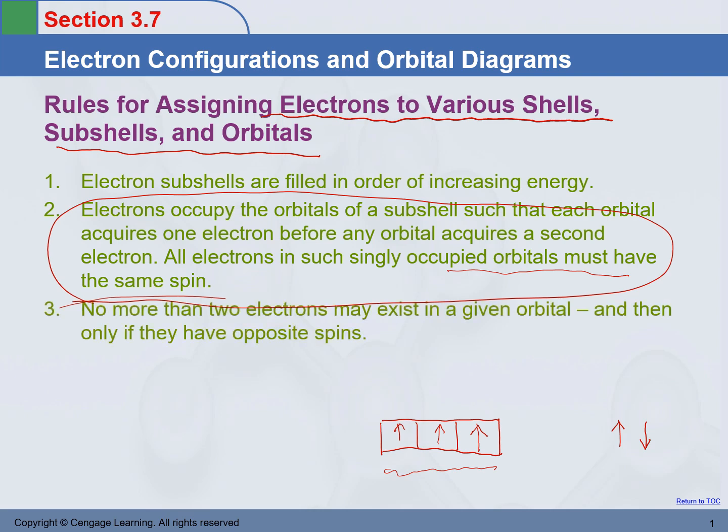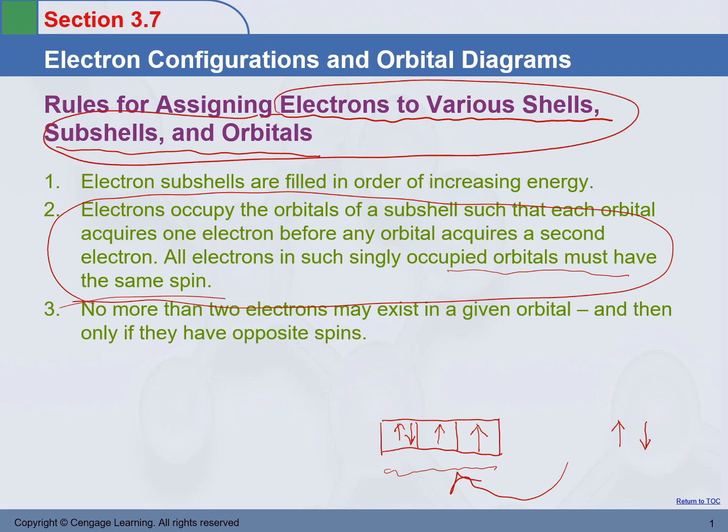Number 3, no more than 2 electrons may exist in a given orbital. We learned that before. And then only if they have opposite spin. Now if electron number 4 comes into one of these orbitals, it has to pair up with one of these. Which one doesn't matter, but it must take the opposite spin. These are basically the 3 rules we have to follow today.